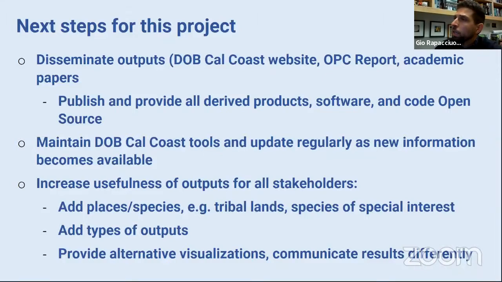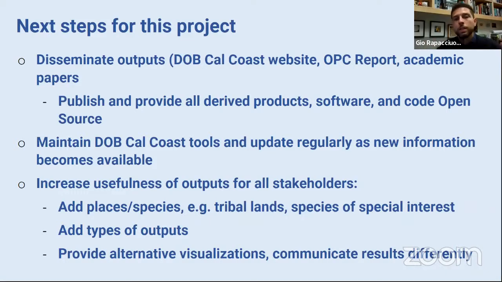And then the last step is really to write academic papers. At least a couple should come out of this work, because a lot of work here we think is pretty novel in terms of the analysis of crowdsourced citizen science data.